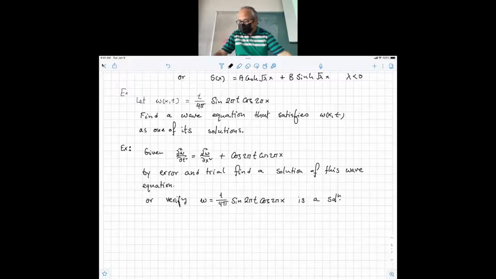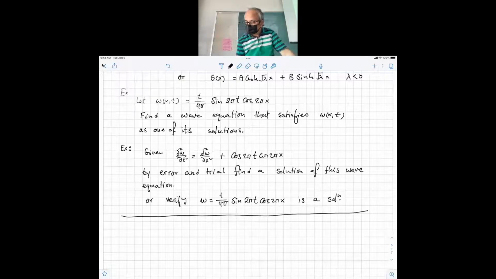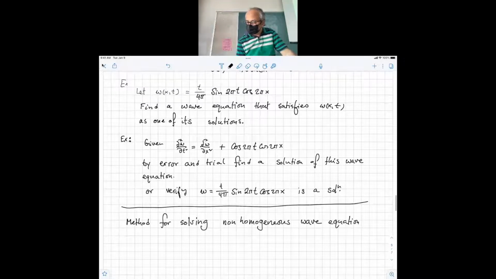So let's now look for some strategy, a method for solving the non-homogeneous wave equation in finite domain.